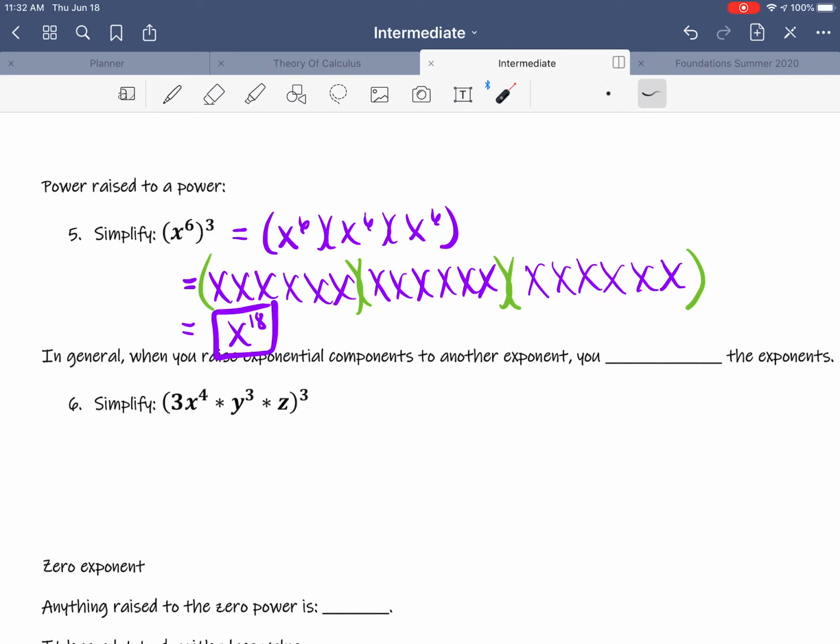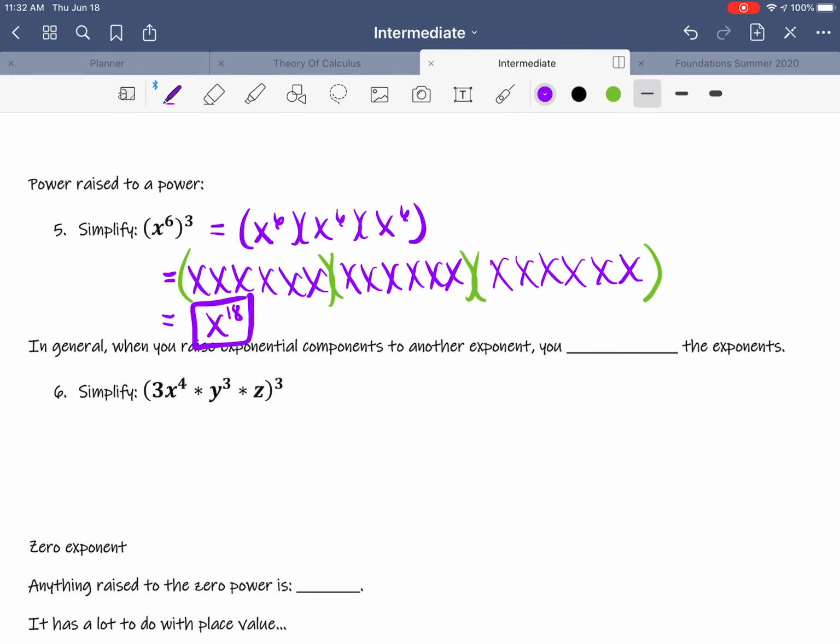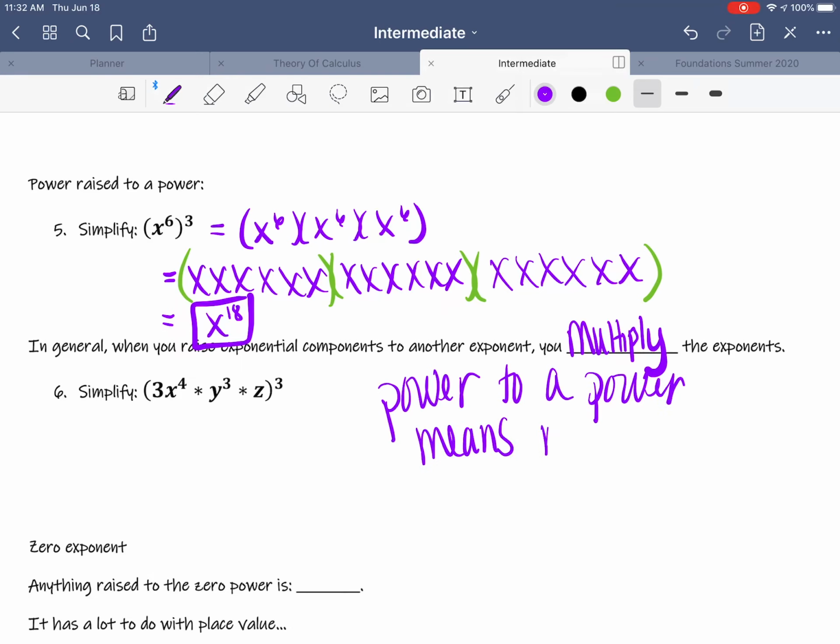What operation could we do to make 18? And that would be multiplication. So power to a power means multiply.